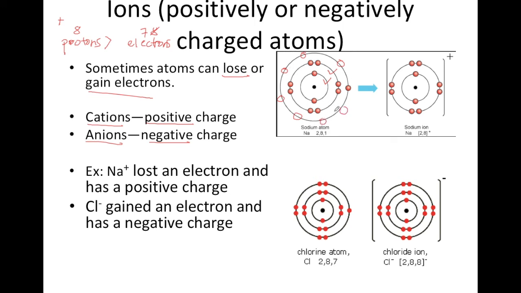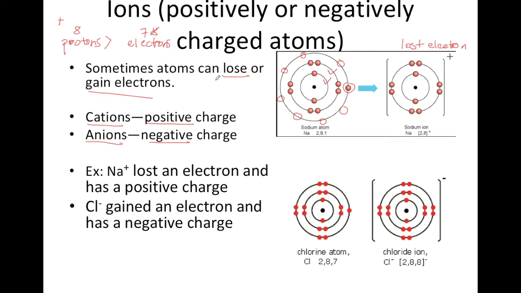So this sodium atom is like, well, it's going to be really hard to get 7 electrons because they're a hot commodity and I only have one. So maybe it's better if I just donate this 1 electron and then I just have 2 full valence shells. And so it's lost an electron, and that's why it has a slight positive charge, because there's an imbalance now between the protons and the electrons.